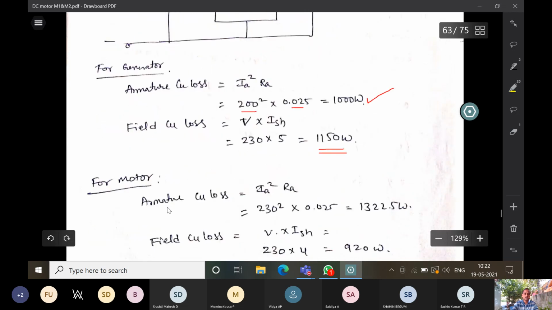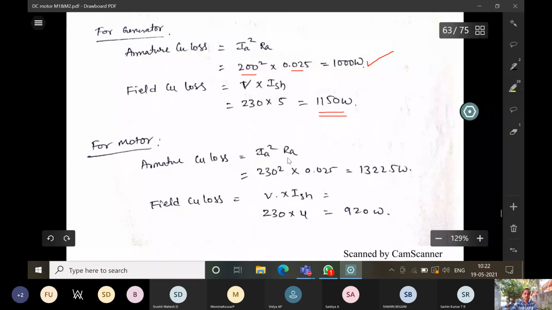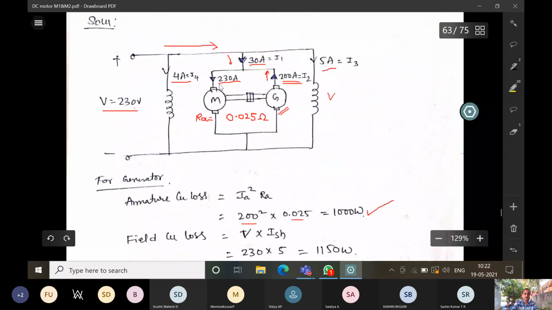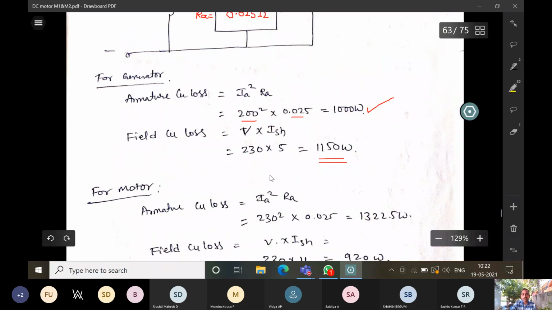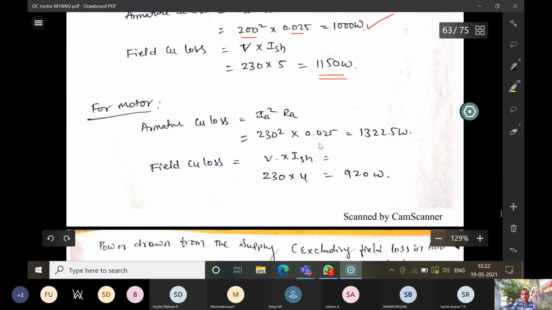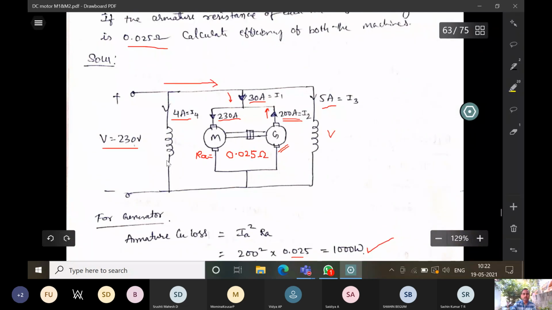Similarly, calculate for motor armature copper loss, IA squared RA. Armature current is 230, so 230 squared into 0.025 is 1322.5 watt. Similarly, field copper loss is V into ISH, voltage across this is 230, and the current flowing is 4 ampere.